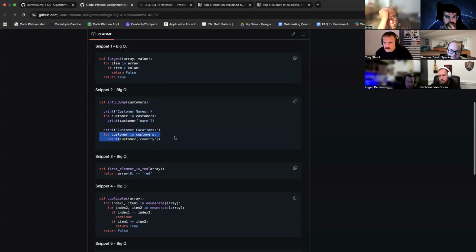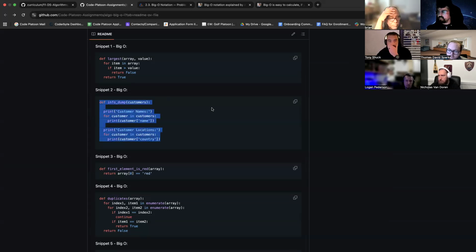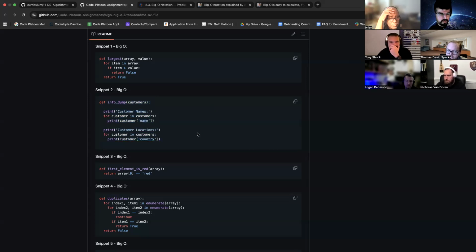Second one, these are just two loops, it looks like. Actually, it doesn't tell you what customers is, but let's just assume they're a list. Actually, we can't assume that. What's customers on snippet 2?